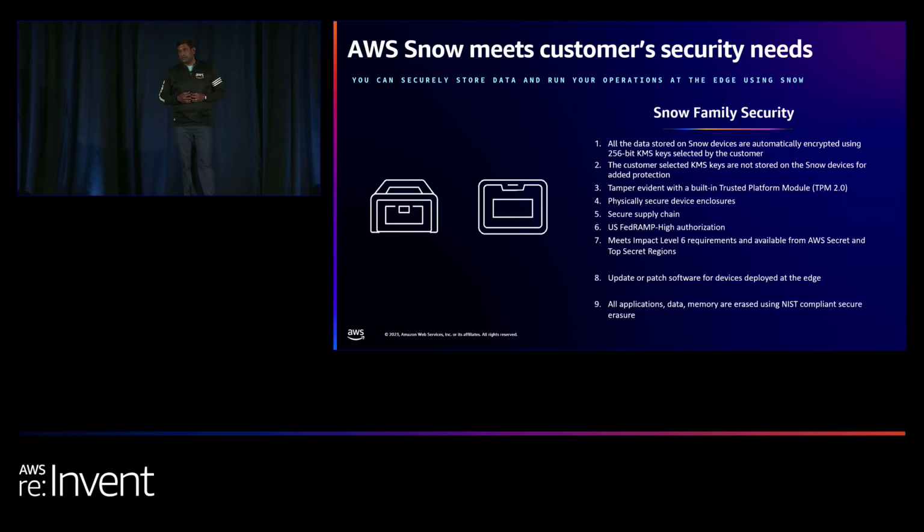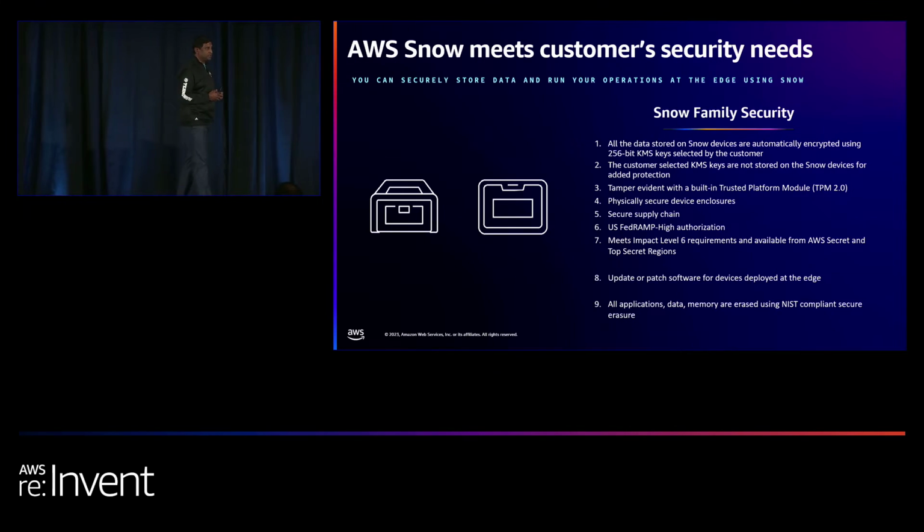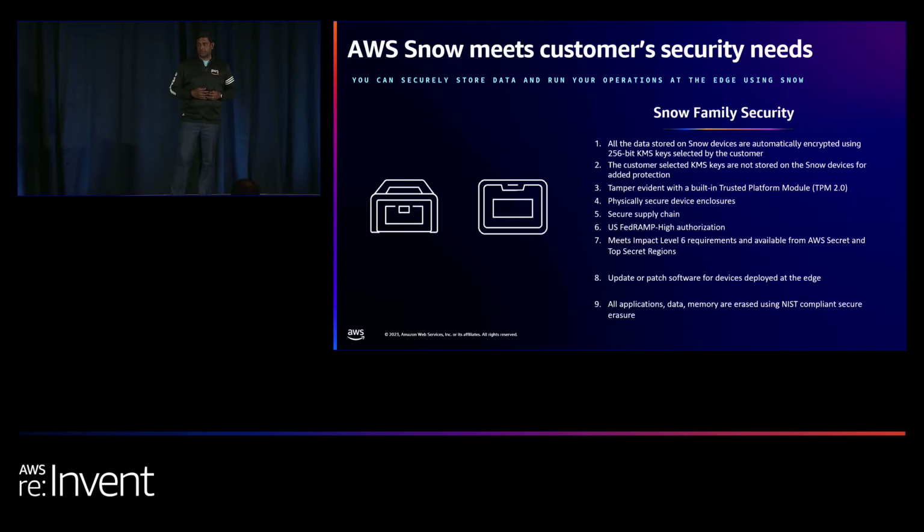All the data that's stored on Snow devices is encrypted using a 256-bit KMS encryption key that the customer selects. The encryption key itself is not stored on the device for additional protection.